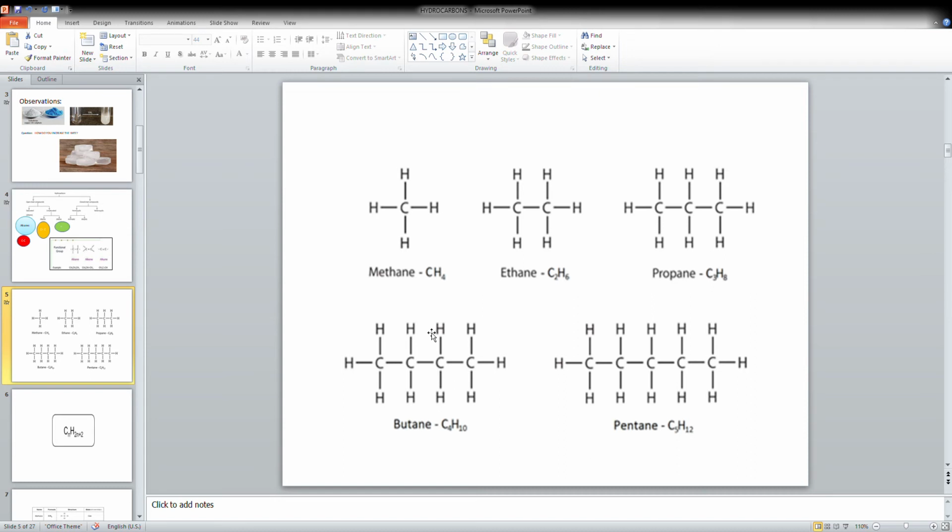Here you can see the very simplest type of alkane: 1 carbon and 4 hydrogen. This is called methane. Next we get 2 carbons and you put all the hydrogens around it. We know around 1 carbon there should be 4 bonds, valence is 4. So the second one, C2H6, we call ethane.